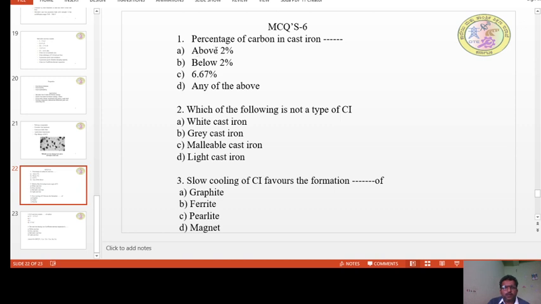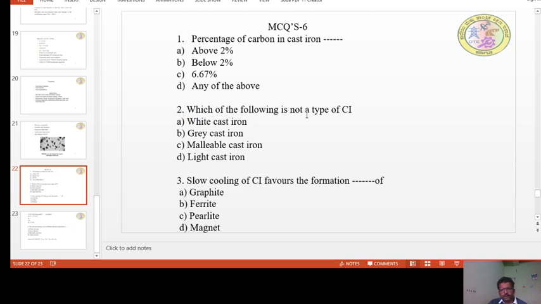If it is below 2%, let us say up to 1.6 or 1.8, it will become steel. And this value 6.67 is the value that the iron can accommodate, 6.67% of carbon in it. That means the answer is above 2%.